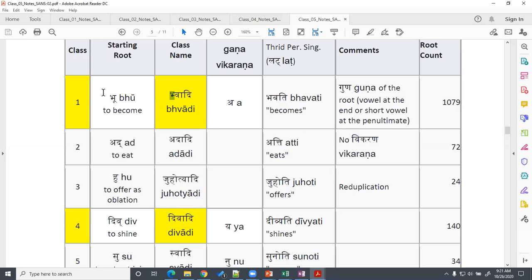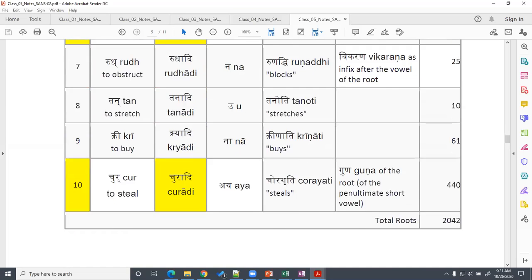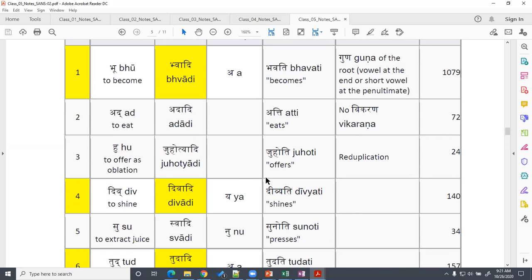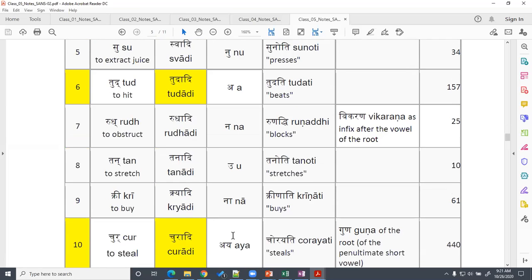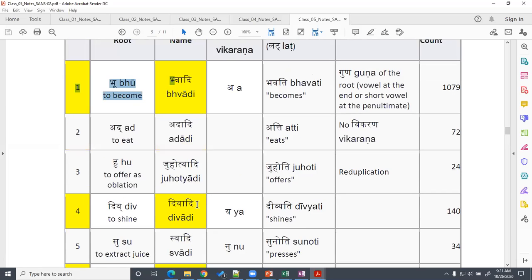And the first class has more than half the roots, 1079. All other classes combined will have less than that. Four classes out of these 10, the first, fourth, sixth, and tenth, have a characteristic that the stem which we make of these verbs ends in akara.